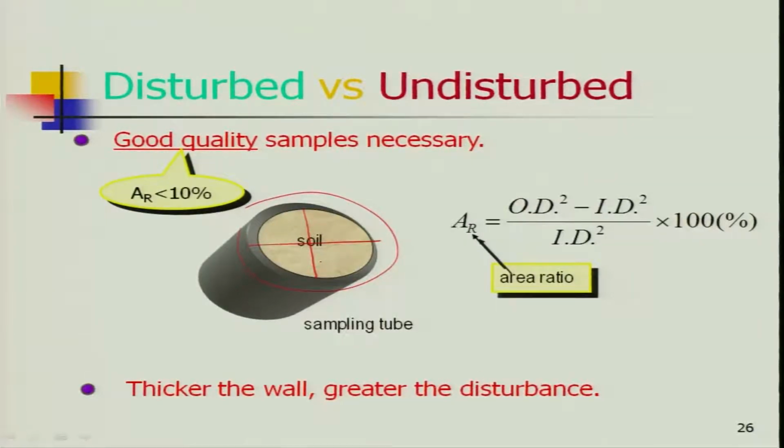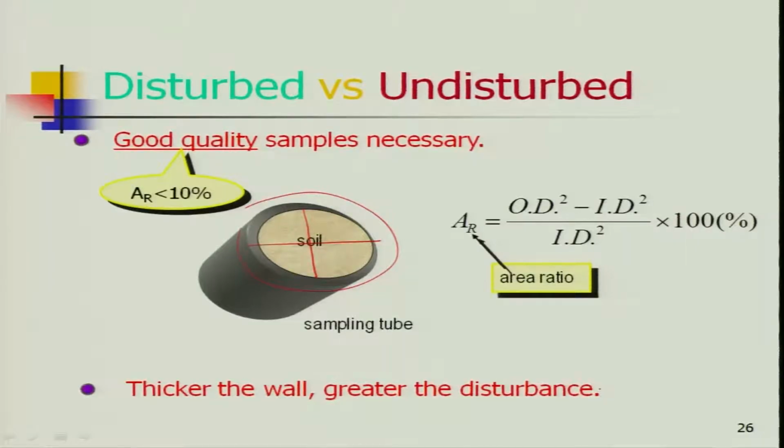Whatever sampling tube you are using, you should be able to know whether you are getting a good quality undisturbed soil sample. No soil sample is truly undisturbed. Once you collect the soil sample below the ground surface, it is partially disturbed.